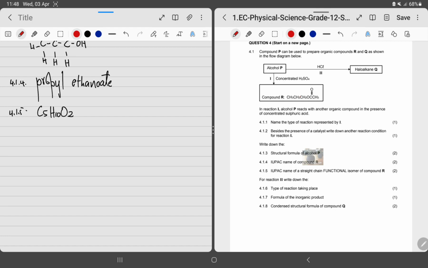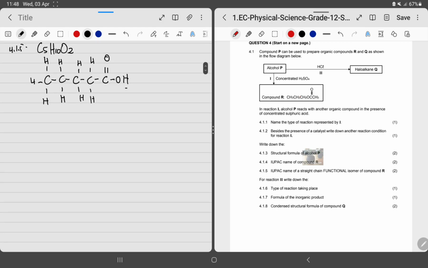Okay, so it must have what? 5 carbon atoms, 1, 2, 3, 4, 5, and then the functional group is denoted by that. So if you count your carbon atoms, you have 1, 2, 3, 4, 5. Your hydrogens, it's 10, and then you have 2 oxygen atoms. That is the functional isomer.